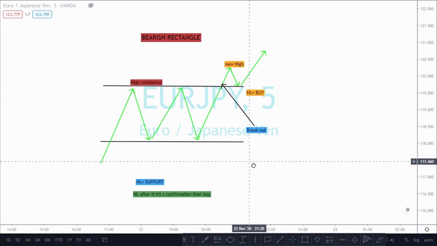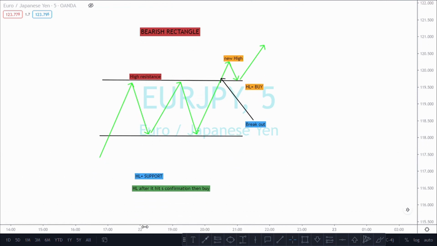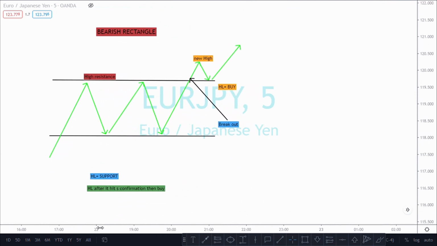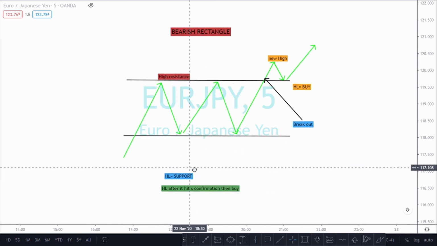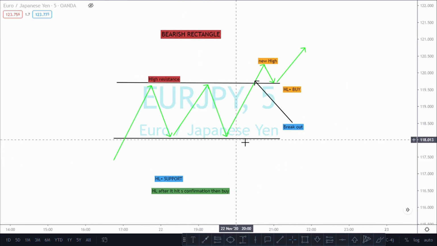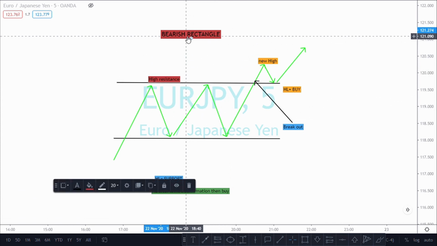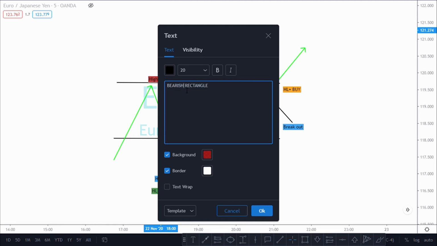The rectangle basically now, so this is for the bullish, where we buy.